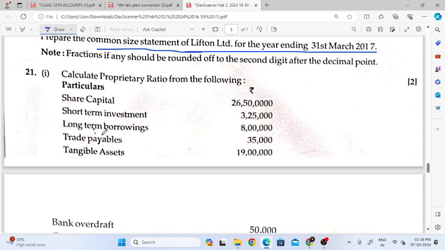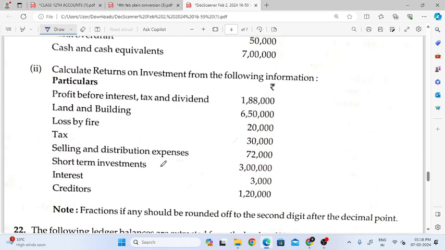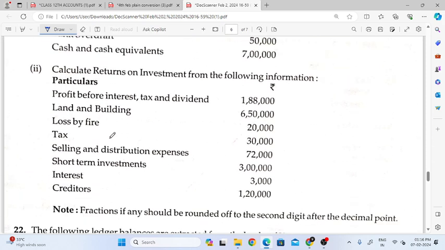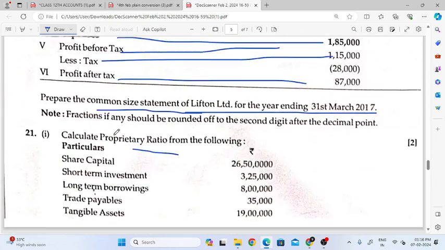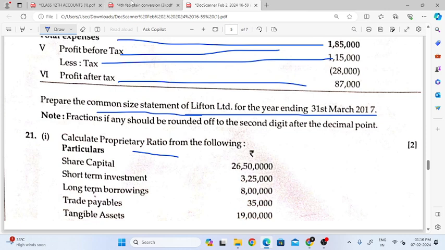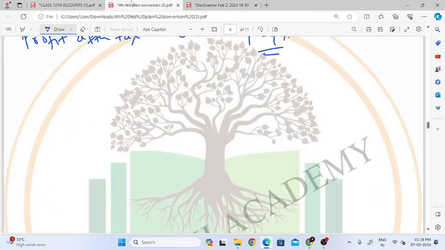Then question number 21, calculate the proprietary ratio from the following. Okay, and also they have told us to calculate return on investment from the following information. So proprietary ratio, the formula for proprietary ratio is shareholders fund divided by total assets.